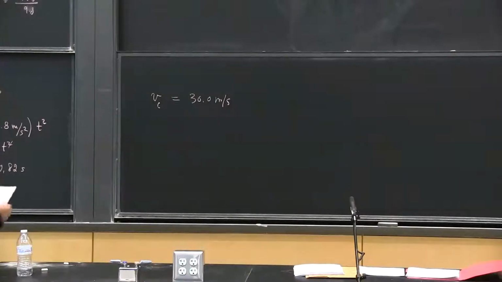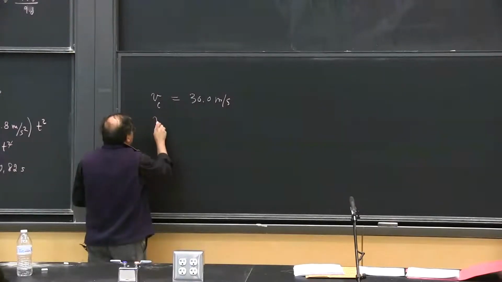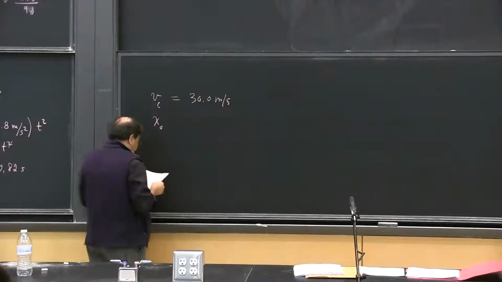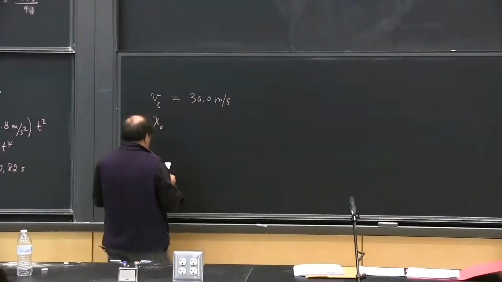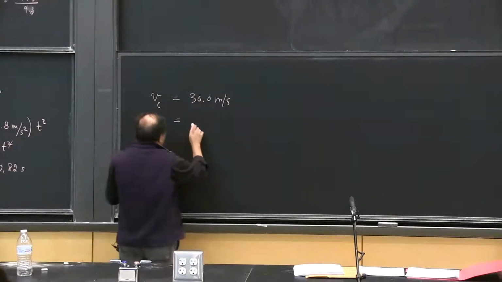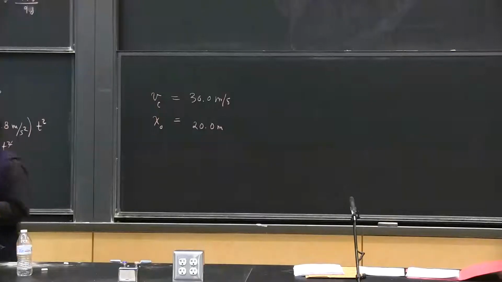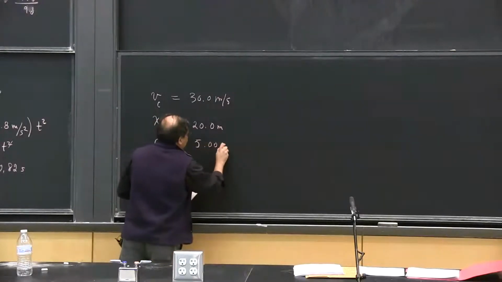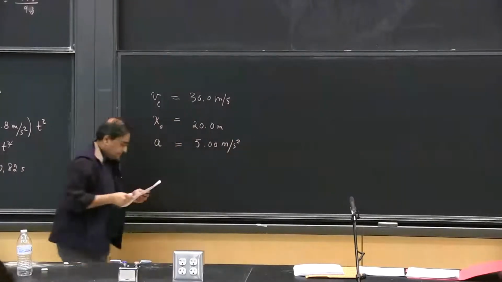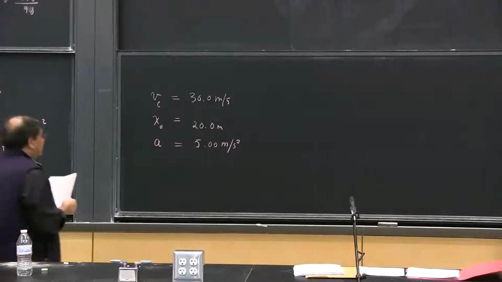And suppose that a cop sees you after you have traveled a distance x0, and this x0 is, let's say, 20 meters. And suppose the cop decides to accelerate at 5 meters per second squared. So the question can be asked as to when will you get caught?